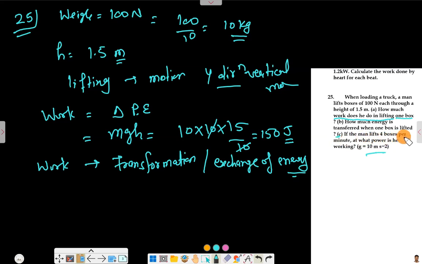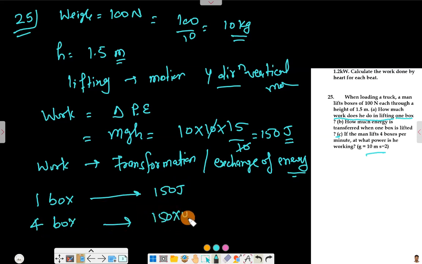If man lifts 4 boxes per minute, then his power. So if he lifts 4 boxes, for one box work is 150 joule. For 4 boxes, work is equal to 150 into 4 is equal to 600 joule.